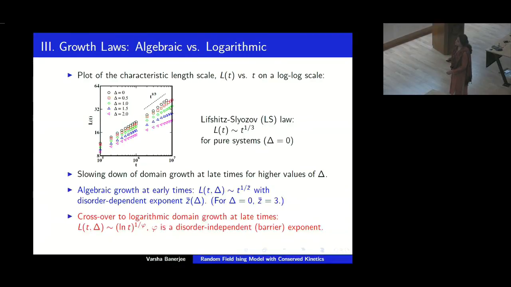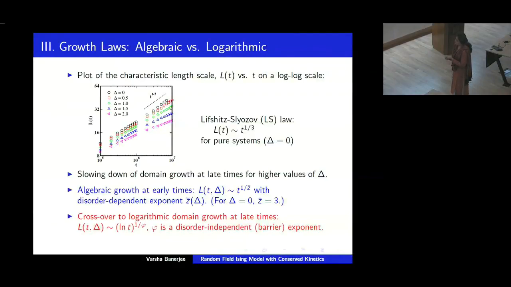Now what one observes in the RFIM, which is a disordered system, is a slowing down of domain growth at late times for higher values of delta. There's algebraic growth at early times. Okay, so that's a straight line here, which means that L(t) goes as t raised to 1/z̄. Now this z̄ is a disorder dependent exponent, okay, which we will derive in a very short while.